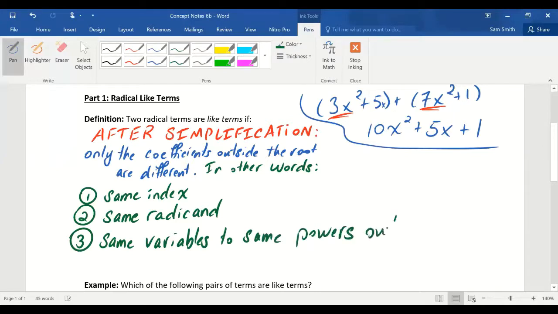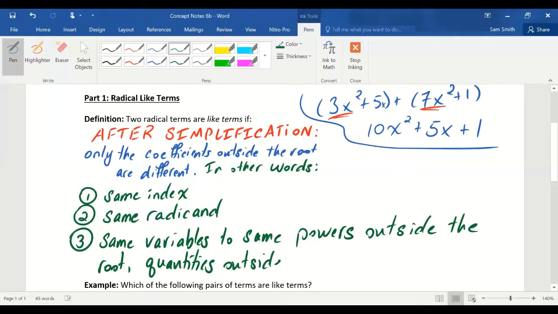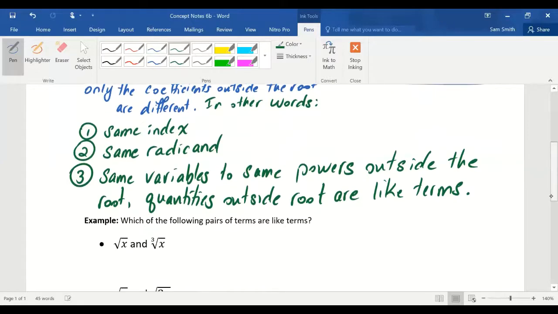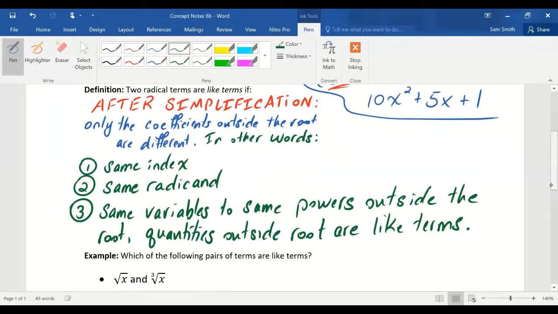So in other words, the quantities outside the root have to be like terms. Only the numbers on the outside are allowed to be different. And remember, this is all happening after the individual terms have been simplified.